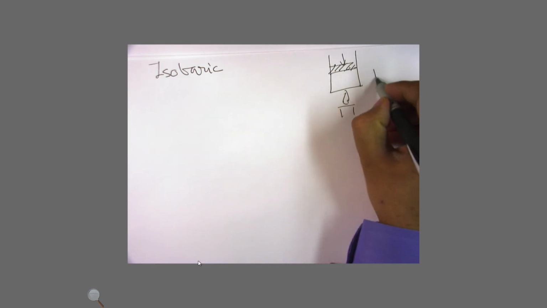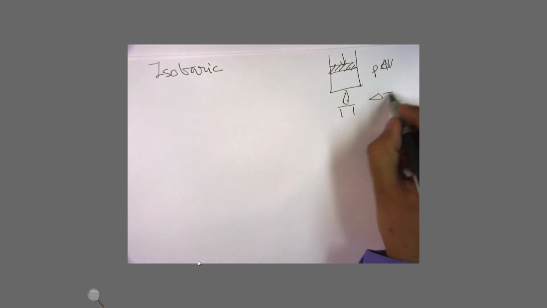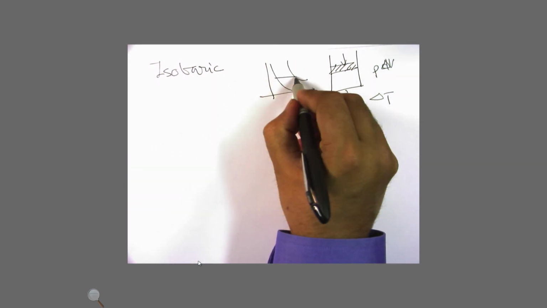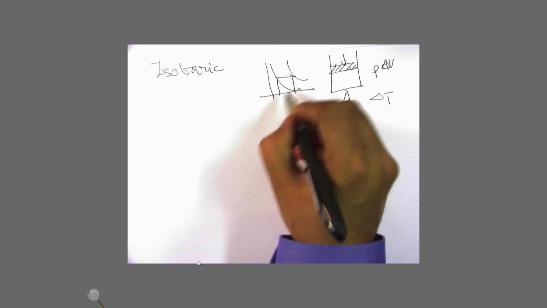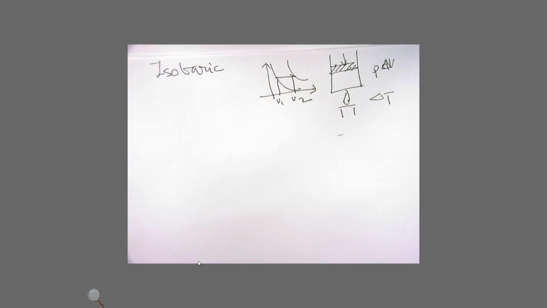So, there is a P dV happening, delta V happening here, there is also delta T happening here. So, there is a compression cycle as we looked at here, these isotherms, this constant pressure, and then this goes from V1 to V2, expansion, this is the expansion cycle.